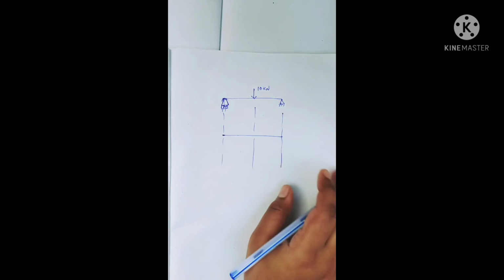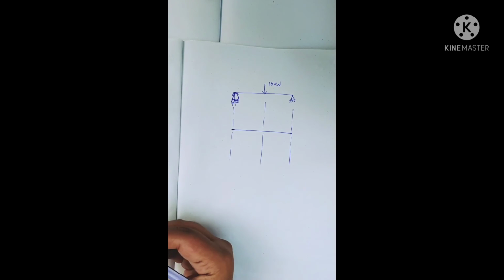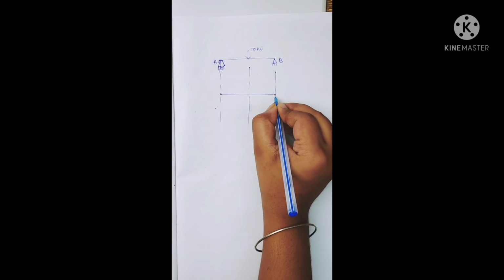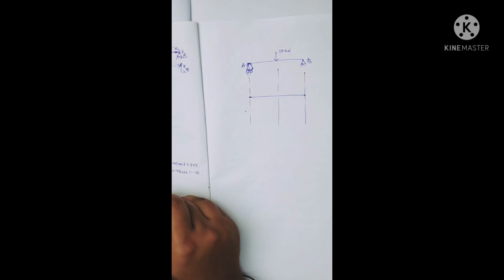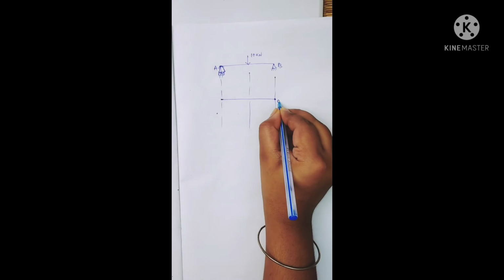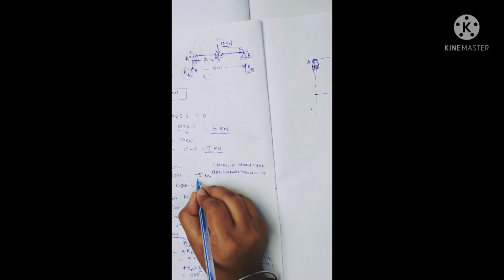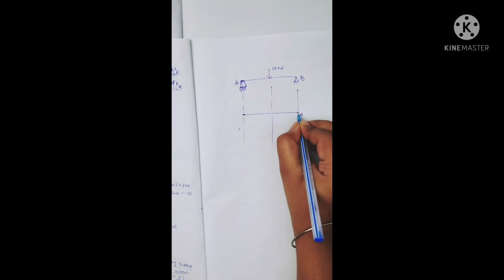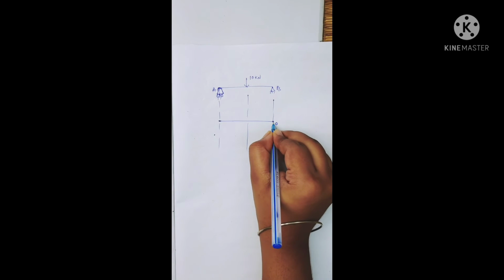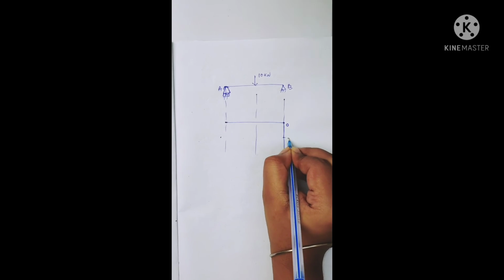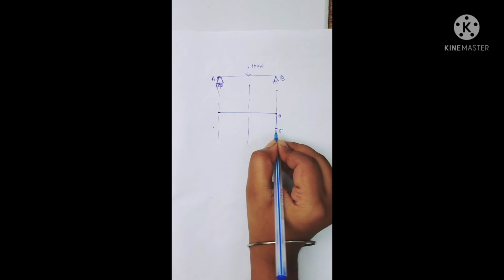We have calculated shear force just right of the section, that will be 0. So here the point is 0. Now shear force at B just left is minus 5. So at this point move to minus 5, that means downward.